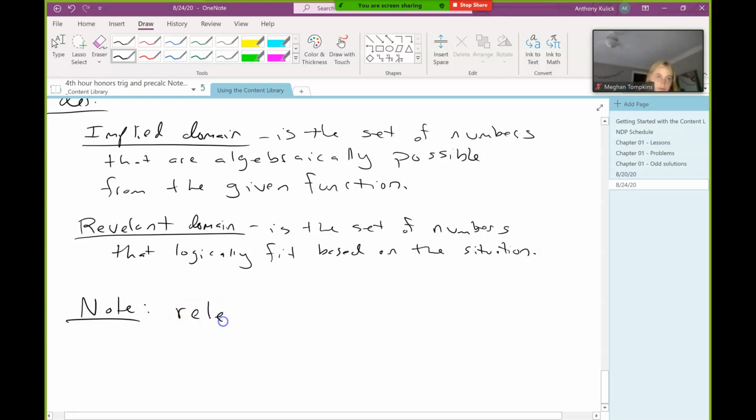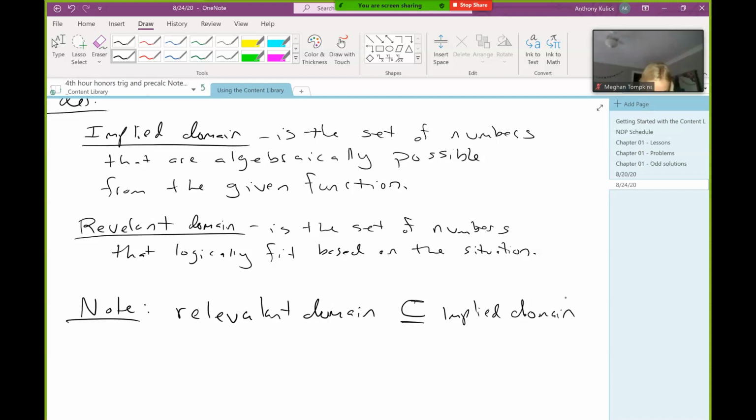So it's worth noting that the relevant domain will always be a subset of the implied domain. What do I mean by a subset? I mean everything in the relevant domain is in the implied domain, but there could be things in the implied domain that aren't in the relevant domain.